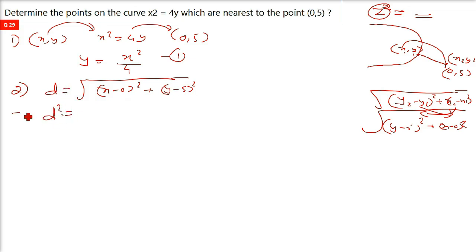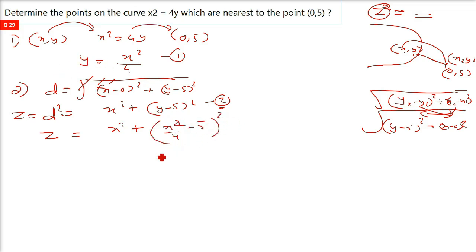On the left, we are calling d square as z. On the right, this root will get eliminated, and this is going to be x square plus y minus 5 whole square. Now you have y equals x square by 4. Remember equation number 1, y equals x square by 4, has to be replaced here. So it will be x square by 4 minus 5 whole square in place of y minus 5.